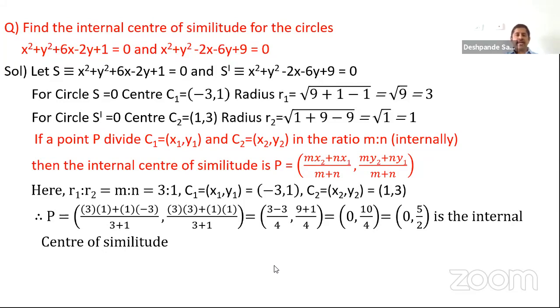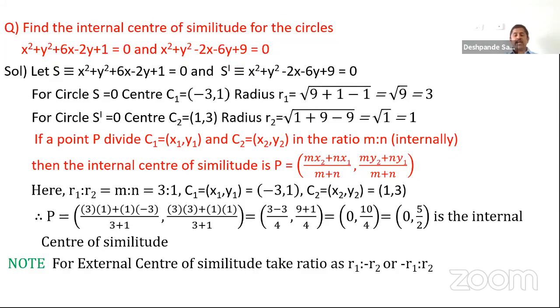Now, instead of the internal center, if the question asks to find the external center, the point will be somewhere not between C1, C2, it will be outside C1, C2. So you can say the ratio as M is to N externally, or R1 is to R2 externally.